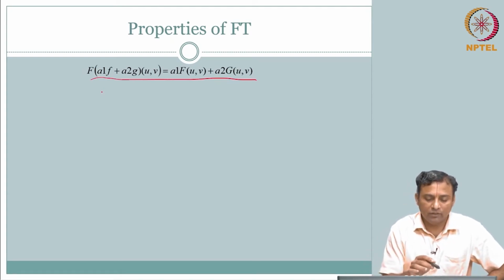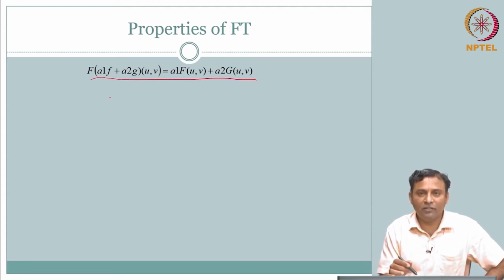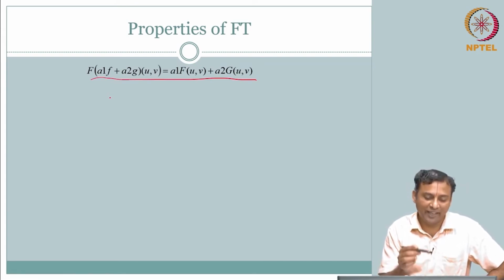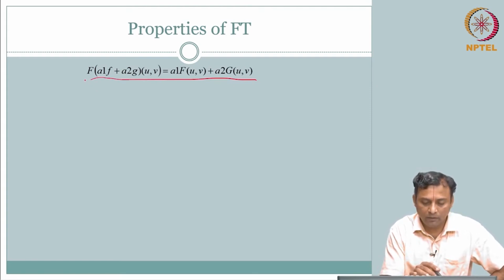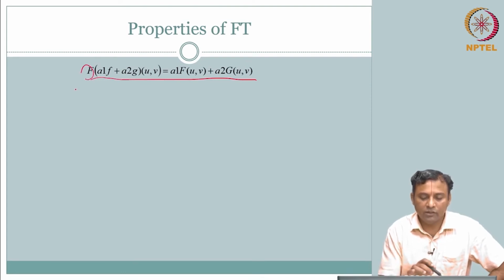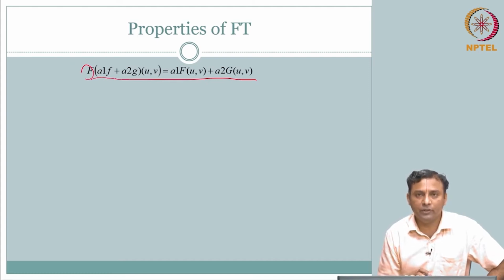In fact, some of this that we will cover, we just reviewed for systems. So, what is this? This is the Fourier transform operator applied to a1 f plus a2 g. I have a function small f and a function small g, f of x comma y, g of x comma y.